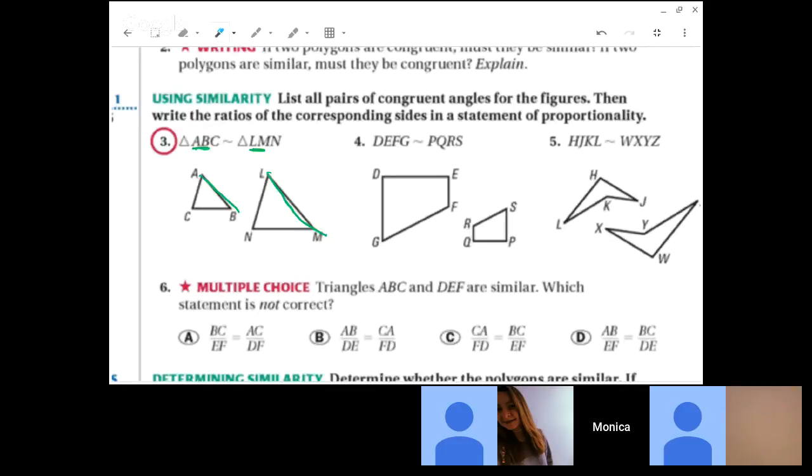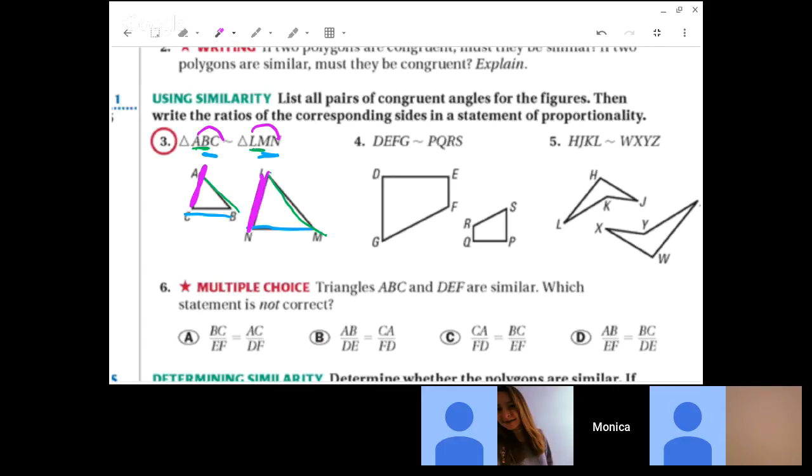Then you're going to go to the next set of sides, which you could say are BC and MN. Then you'll do it again for the last two, which is AC and LN.